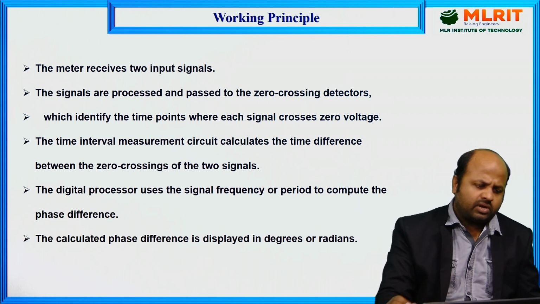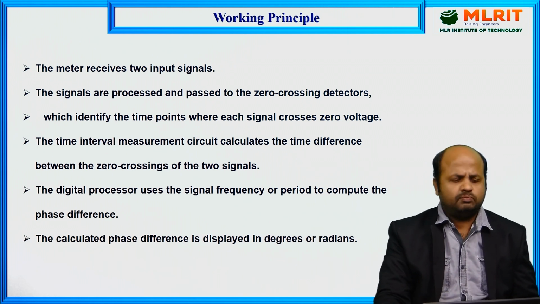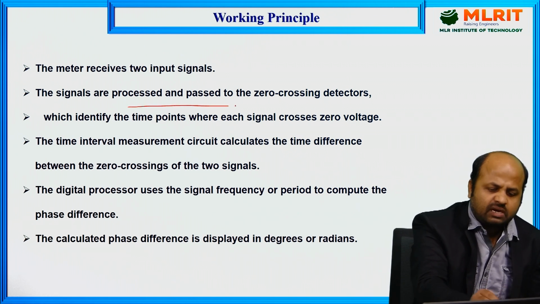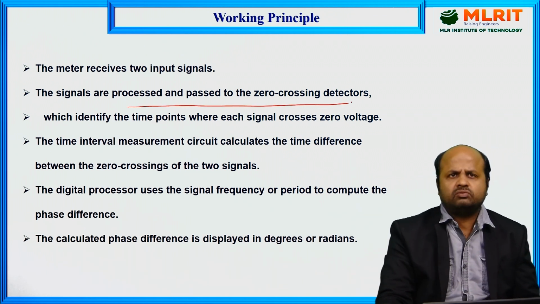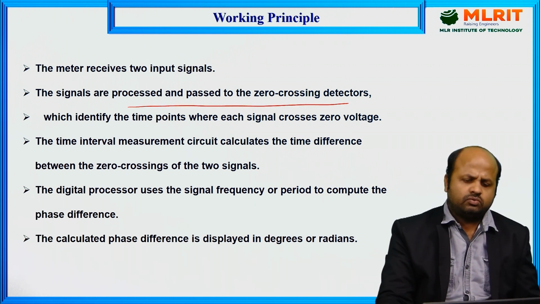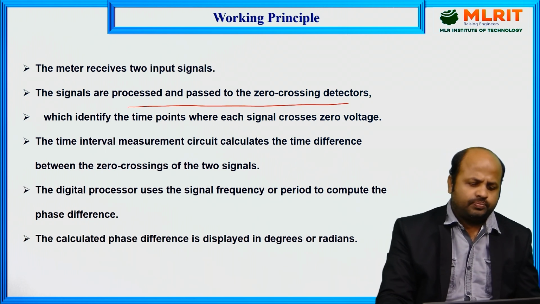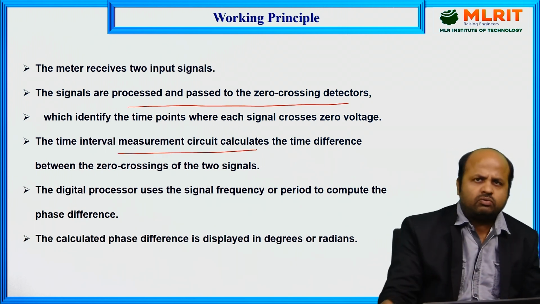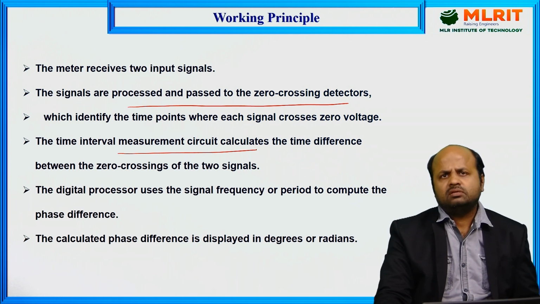So what is the working principle? First of all, the meter will receive the two input signals. The signals are processed and passed to the zero crossing detector, which will convert them into square waves. Once converted to square waves, the time difference between the two signals is calculated based on the activity of the JK flip-flop and the clock attached to the AND gate.